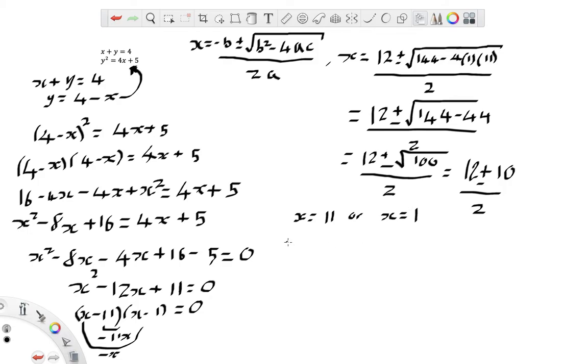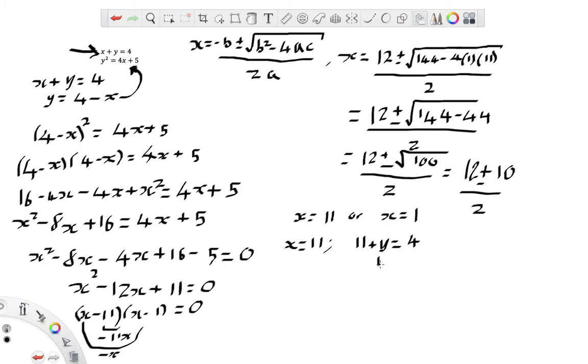So let's look at x is equal to 11 first. So when x is equal to 11, and we'll use this equation here because that's a little bit easier to deal with in my opinion. We've got x plus y is equal to 4, so it will be 11 plus y is equal to 4.